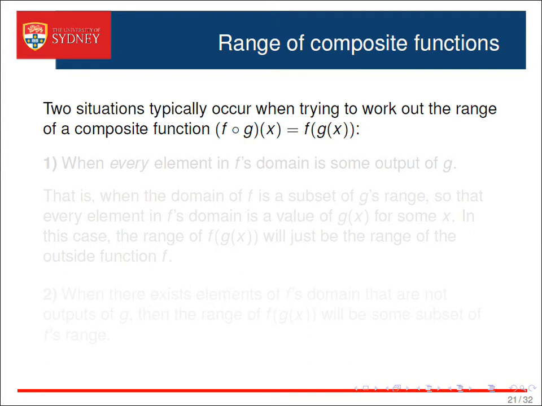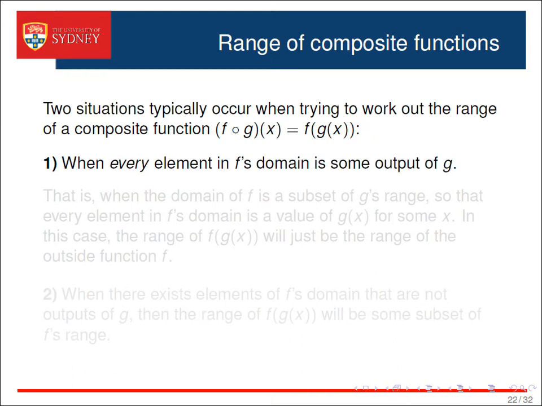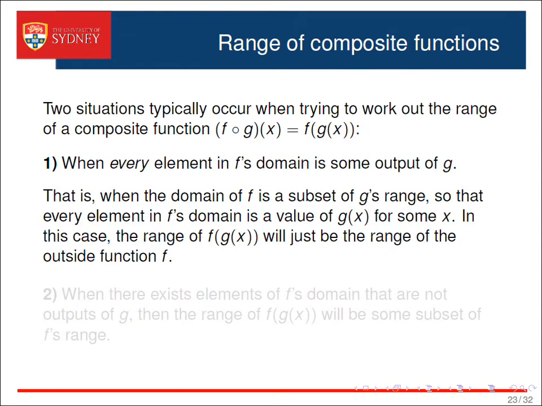Let's now move on to range. Two situations typically occur when trying to work out the range of a composite function f composed with g. The first of which is when every element in f's domain is some output of g. In other words, the domain of f is a subset of g's range, so that every possible value of f is realized.